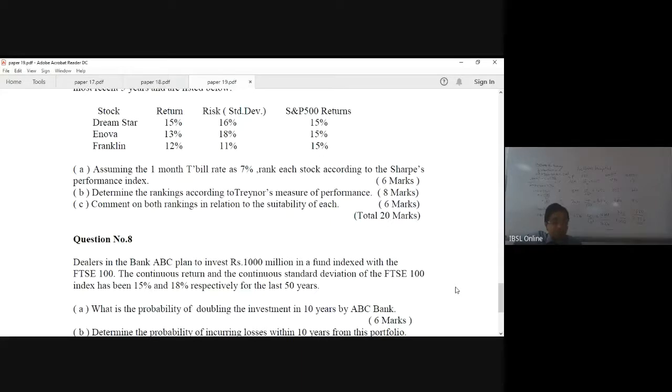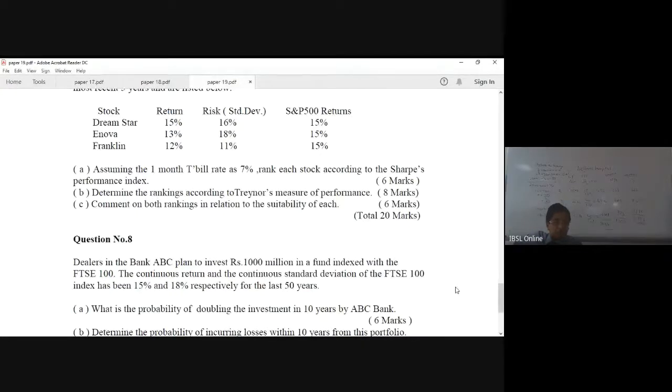You can say the ranking doesn't give any demarcation with regard to the Treynor performance measure. Then if we need to make a selection, you can see the other ranking, Sharpe's ranking. As per Sharpe's ranking, you get Dreamstar first, Franklin second, and Innova third.